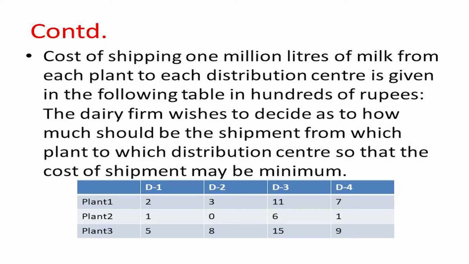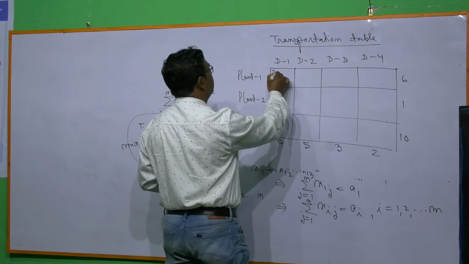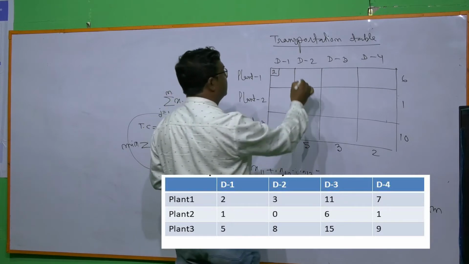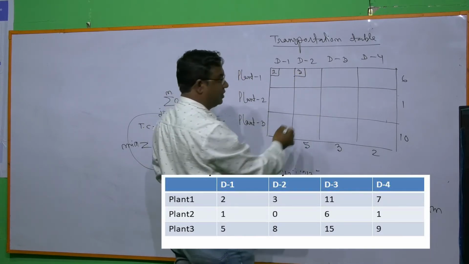Then the transportation cost from plant 1 to distribution center 2 is 2, in terms of hundreds of rupees, so 2 should be written here. Then next is 3. These are the transportation costs in terms of hundreds of rupees.